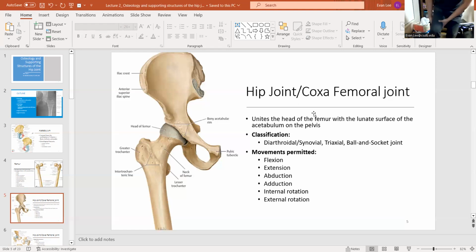So you can rotate the leg as well, but when you rotate the femur, that is going to be of the hip. So try to be careful of when or where the rotation is occurring, but you can see that there's a lot of different movements that can occur along the hip joint.